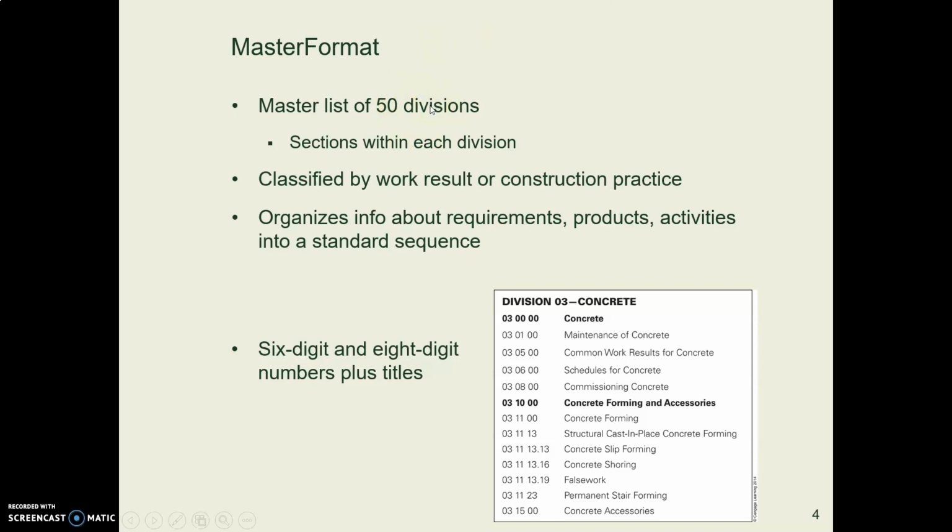MasterFormat got a major overhaul in 2004, and they increased the number of divisions. So if someone asks you how many are there, since 2004 there have been 50 of them. And as you are beginning to notice, these divisions are organized by what kind of construction trade or what kind of work result is involved.